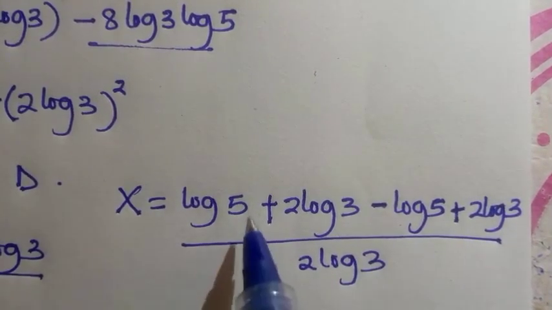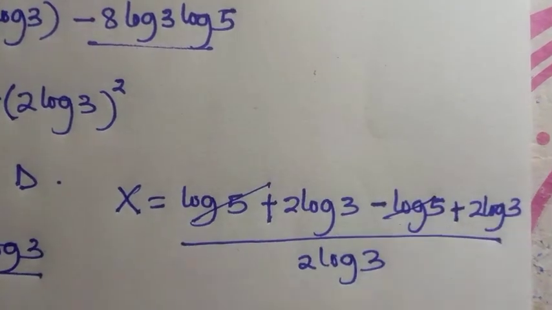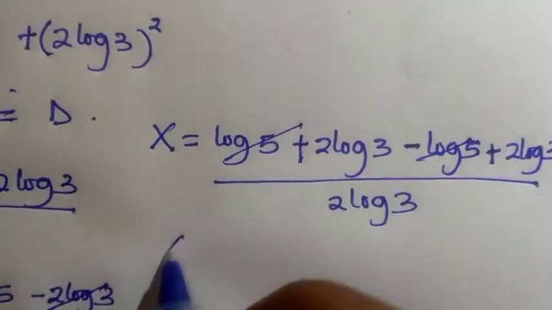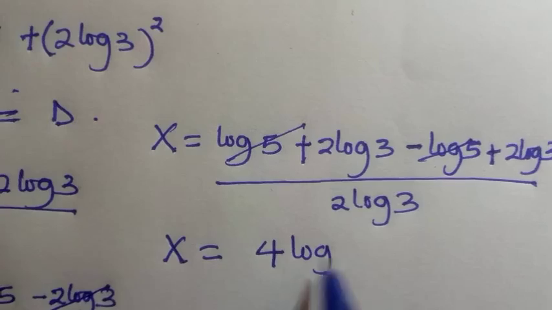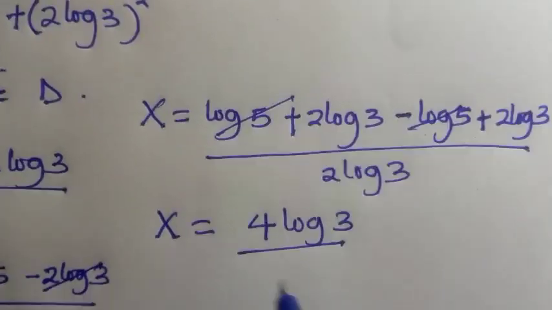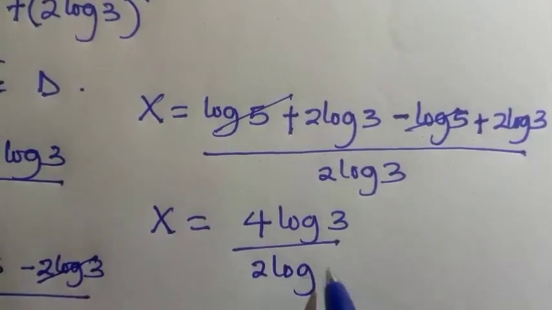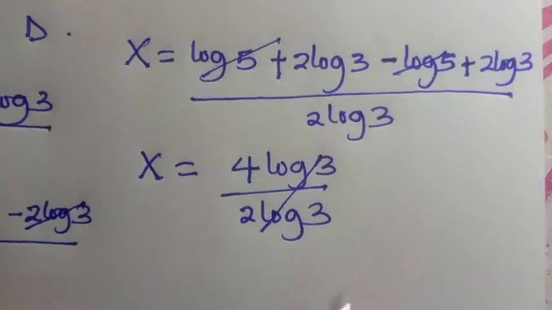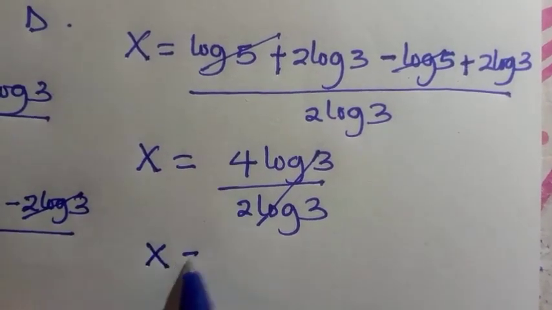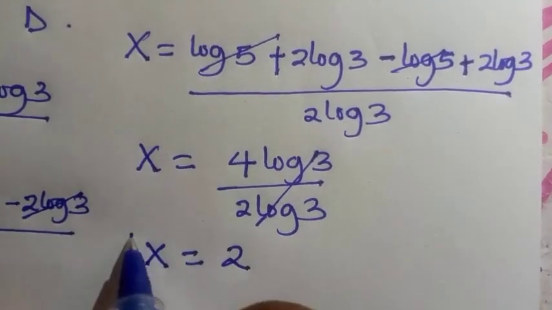When log 5 cancels log 5, all you have left is 2 log 3 plus 2 log 3. That gives 4 log 3 divided by 2 log 3. We cancel log 3, so 4 divided by 2 gives 2, which is the other solution to this.